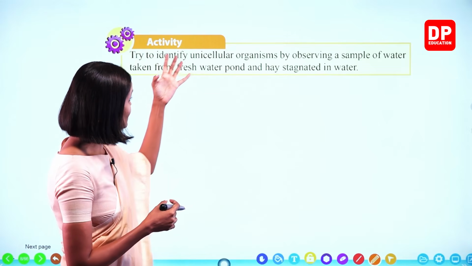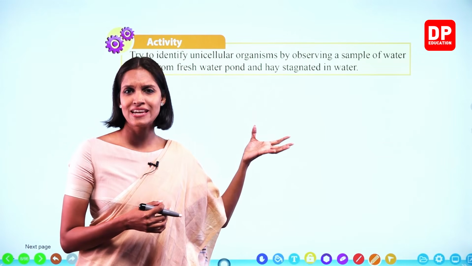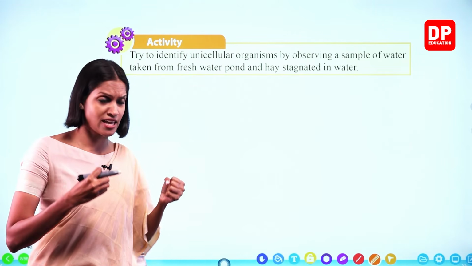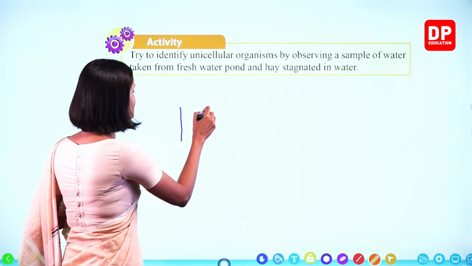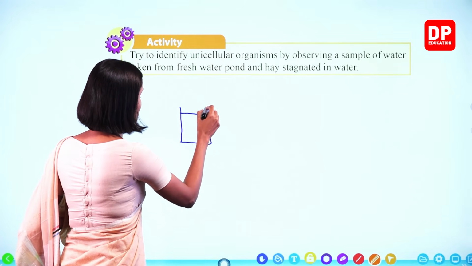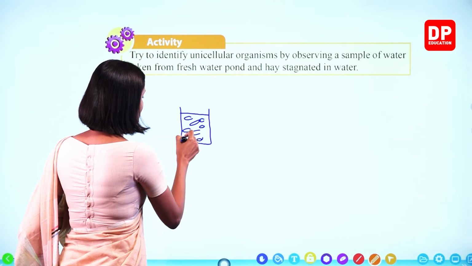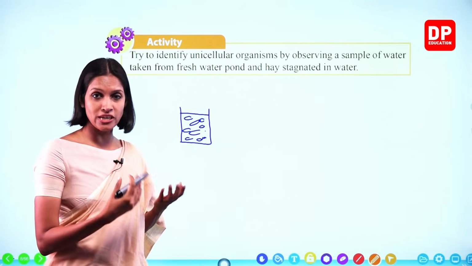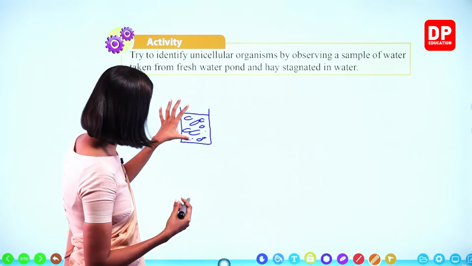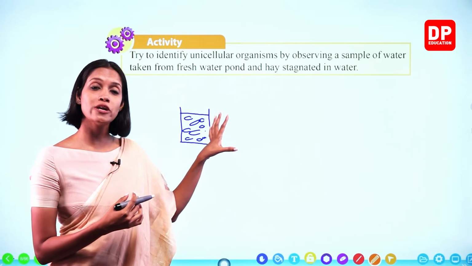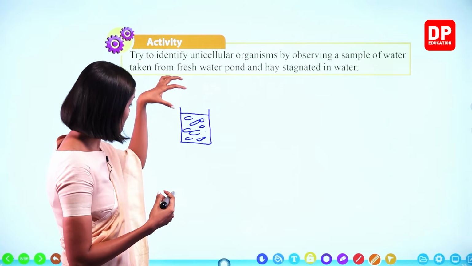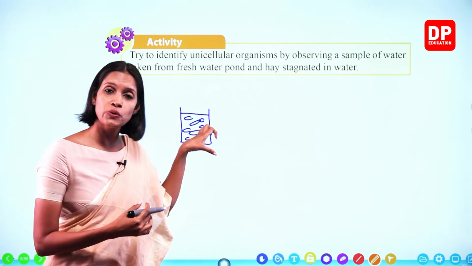The same way, hay stagnated water. How to make hay stagnated water? You have to take hay and immerse it in a glass of water and let it be there for about a week. Right? Now this water also doesn't flow from one place to another place, and because of the presence of hay, certain microorganisms can grow in this medium.